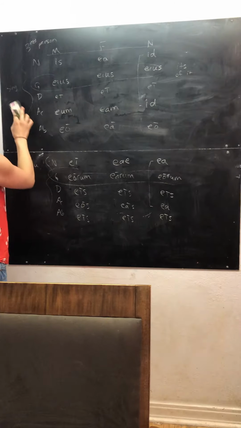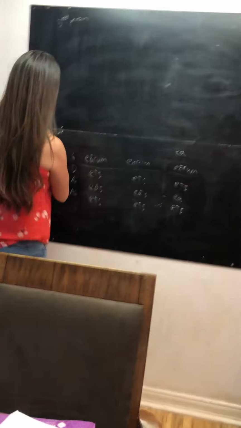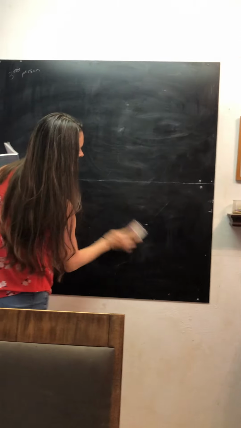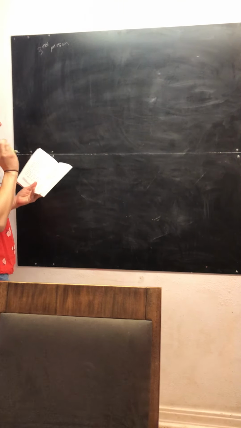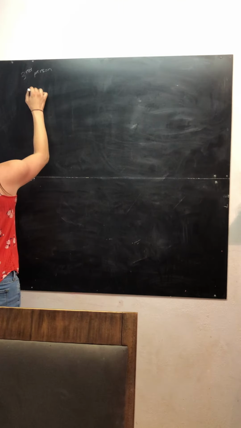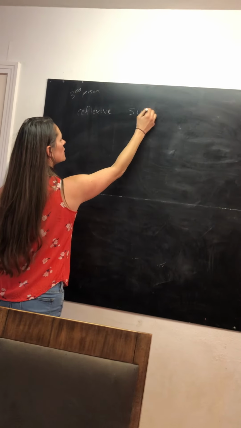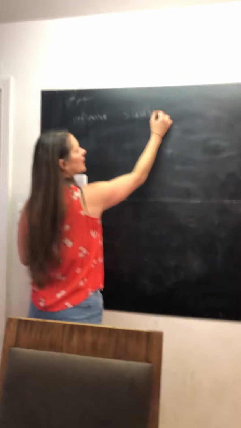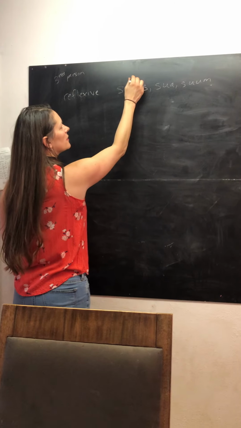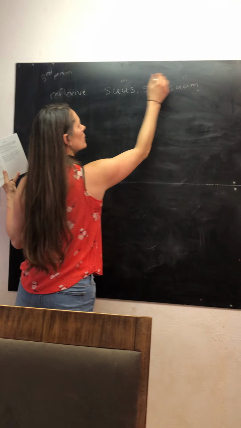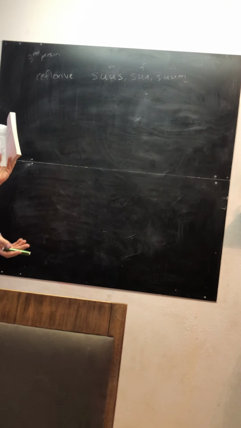There's one called suus that we sometimes use. Meus, tuus, and suus for the first, second, and third person. These are called the reflexive pronouns. So the reflexive third person pronoun is suus, and it's declined suus, sua, suum, masculine, feminine, and neuter, with our second and first declension endings, just like a regular adjective.